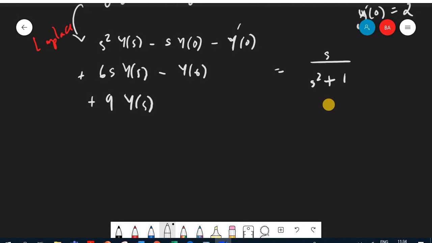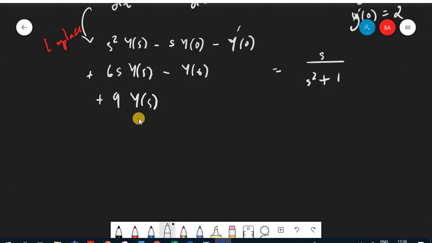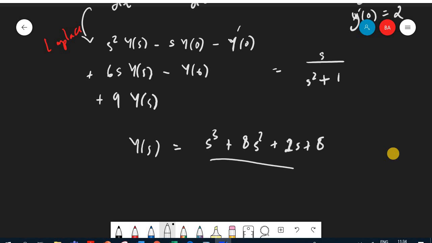So doing some rearrangement by taking y of s as a common factor, you're going to find the final shape of your solution is something like: s cubed plus 8s squared plus 2s plus 8, divided by s plus 3, the whole thing squared, multiplied by s squared plus 1.